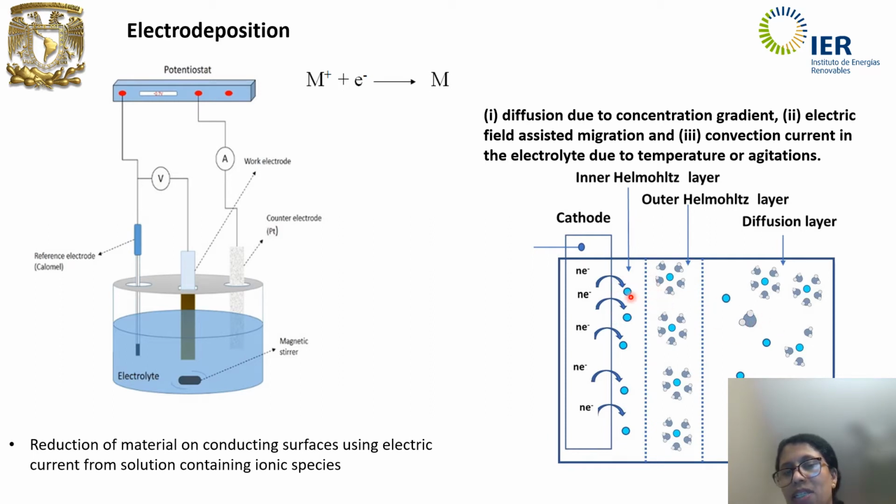Through different mechanisms they reach the electrode surface. Once they reach the electrode surface, the hydrate envelope is lost, and the dehydrated ion is neutralized by charge transfer and gets adsorbed on the cathode surface. That is the process happening during electrodeposition.